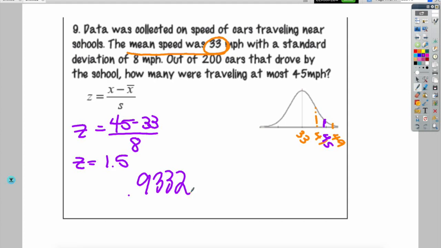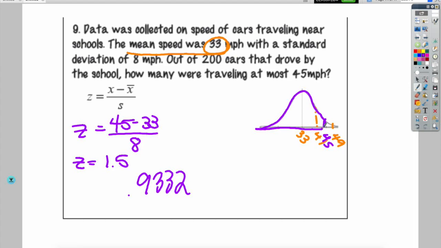Is that talking about the area that's to the left or the area that's to the right of our X value? It is talking about our area to the left. And we know it's the area to the left because 45 is already to the right of our mean, which is 50%. So if this is supposed to be representing 93%, that means it has to be the area that is to the left of that value.